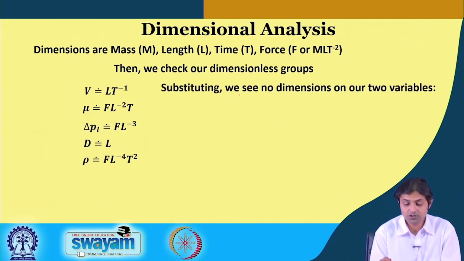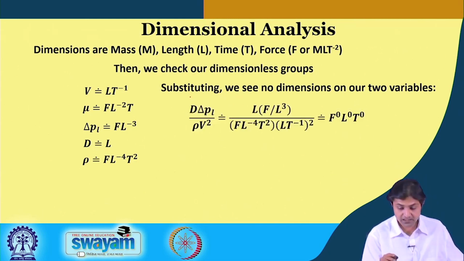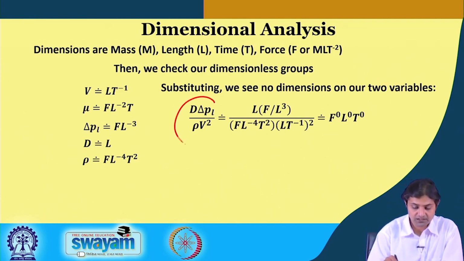So, we substitute into our dimensionless group, we will see. This was dimensionless group 1.